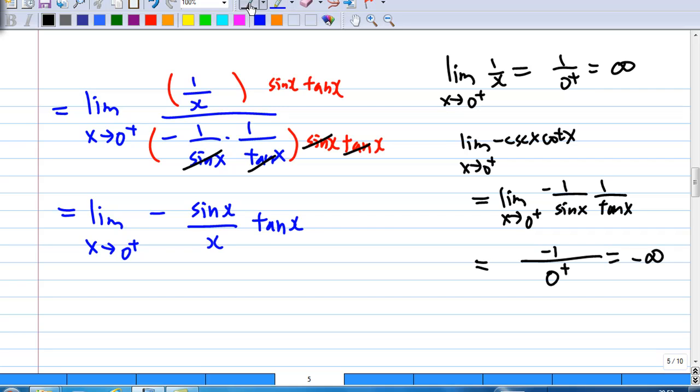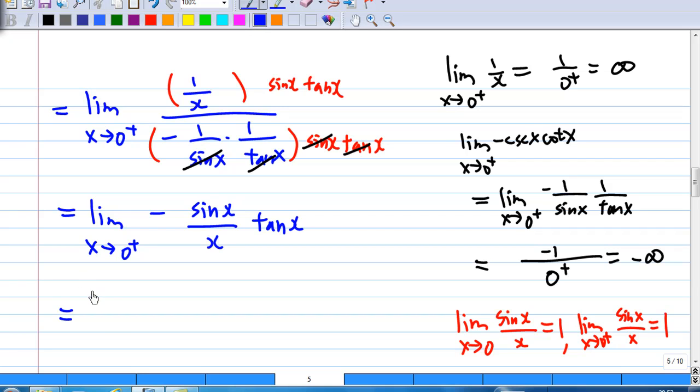And we know the famous rule, the limit as x goes to 0 of sine x over x is 1. Therefore, the limit as x goes to 0 plus of sine x over x must be 1, as the limit from the left and the limit from the right must be equal in this case.